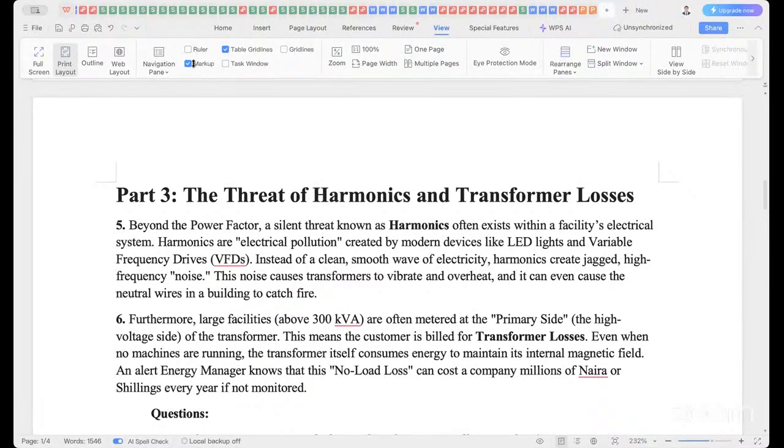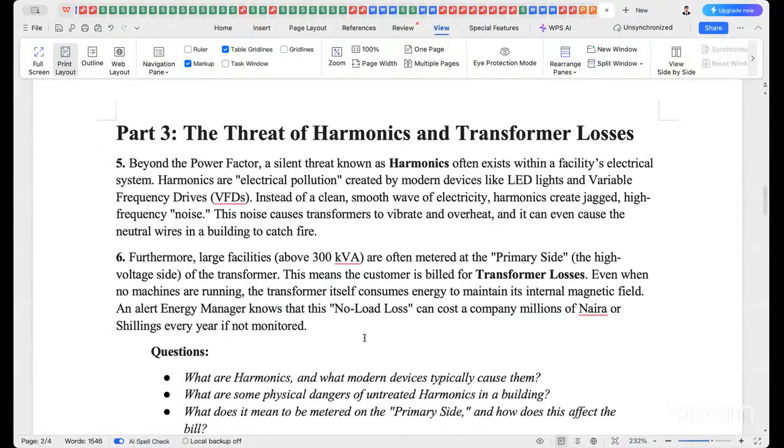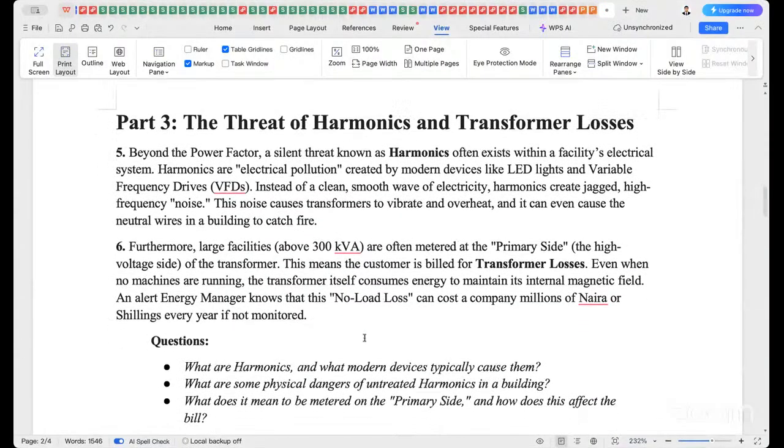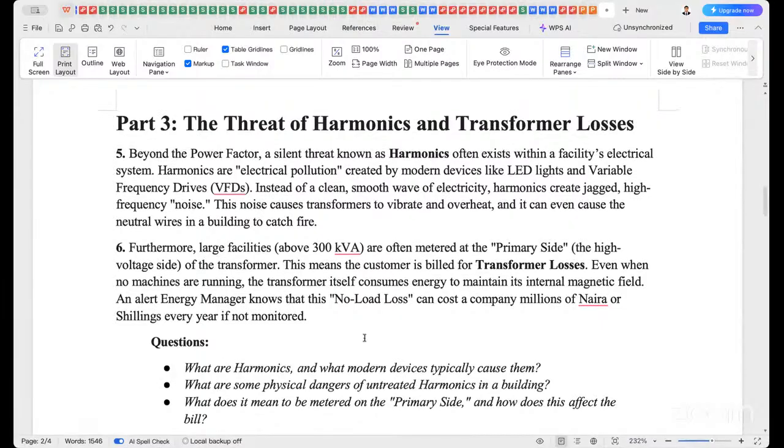So let us move to another thing that causes losses in bills. That's what we call transformer losses. We've discussed the physical dangers of untreated harmonics in a building. Like I've said, one of the ways you can know if you have harmonics in your building is to check your neutral cable.